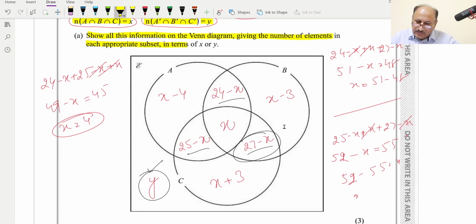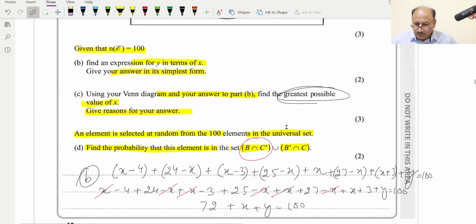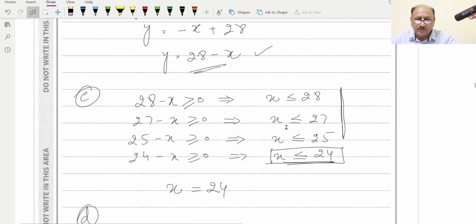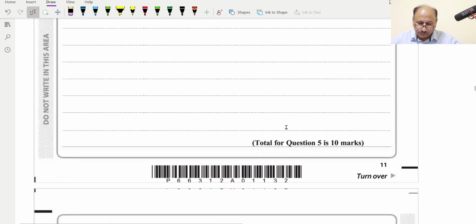B intersection C complement is basically this region. It is this whole region which we have identified, and this region is having 3 and x minus 3.